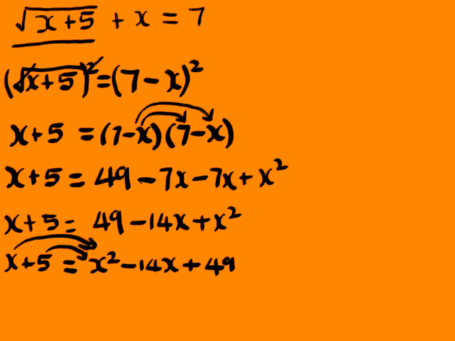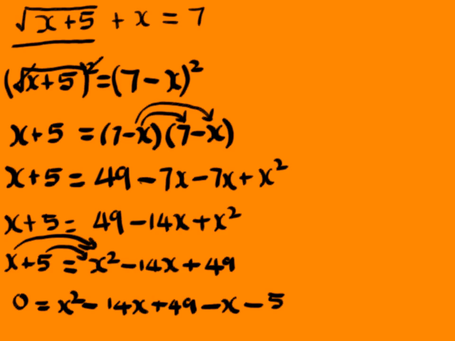Now we are left with 0 equal to, I rewrite my equation, x squared minus 14x plus 49. Moving x over the equation sign becomes minus x, and moving plus 5 over the equation sign becomes minus 5.